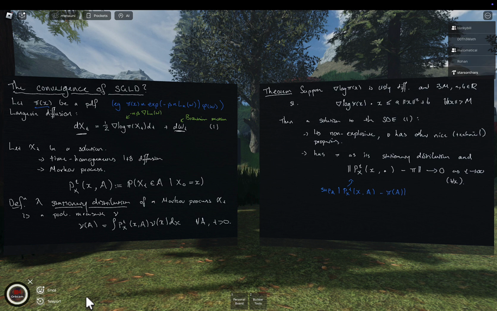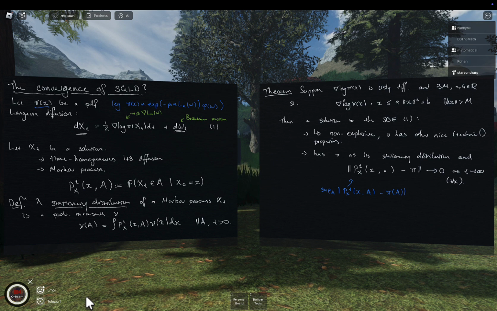Okay, so this is a really nice result. It basically says that with some pretty mild conditions on our distribution, related to the gradient not really pushing you off to infinity, you always get pi as the stationary distribution, and the process actually converges to that stationary distribution.